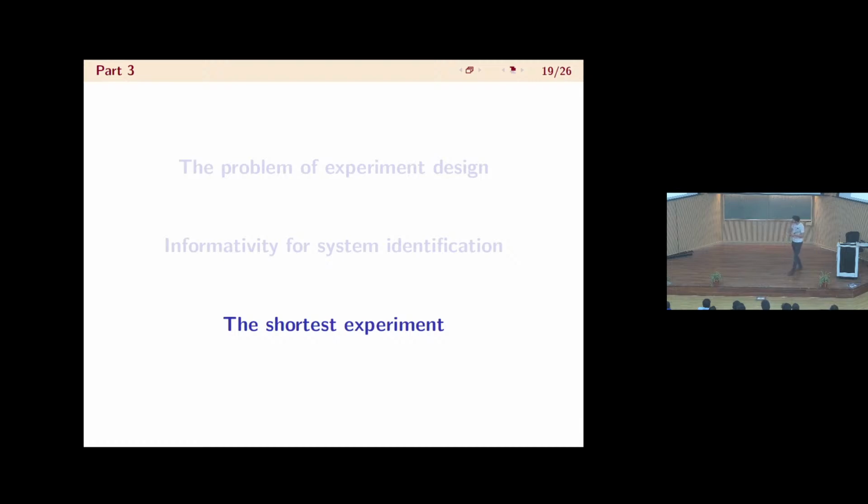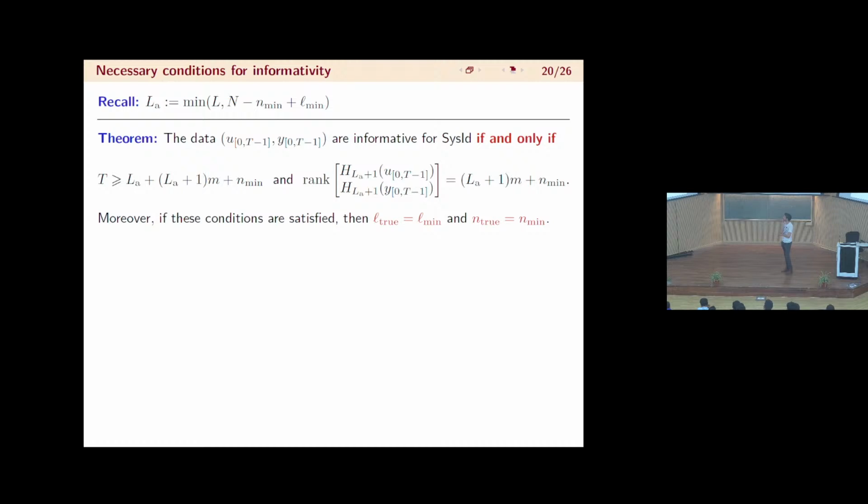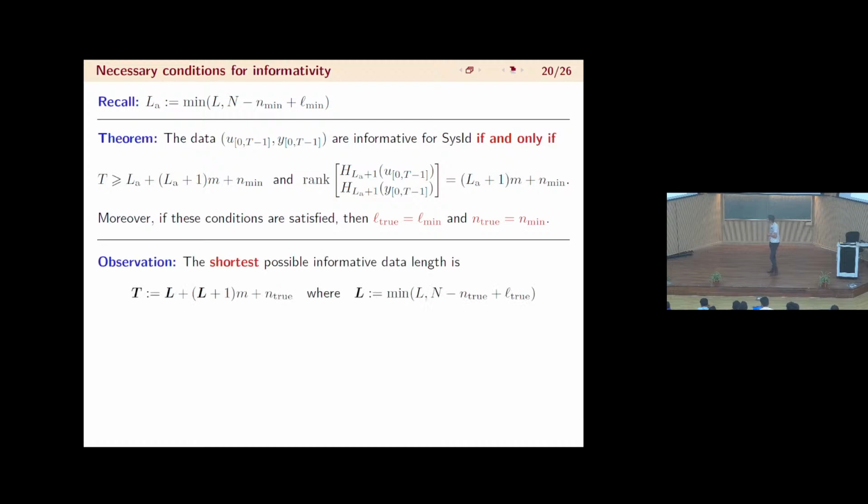Okay, let's now consider experiment design again, after considering these conditions for informativity for system identification. Since if the conditions are satisfied, L true is equal to L min and N true is equal to N min, I can do the following.